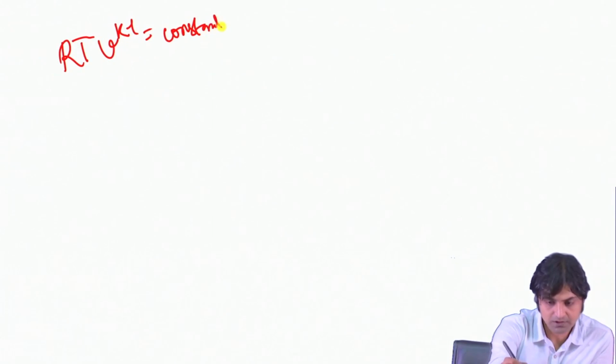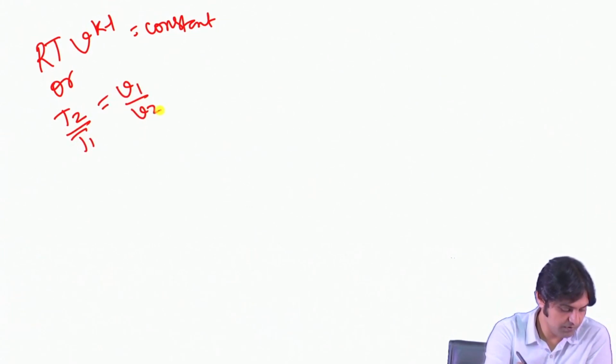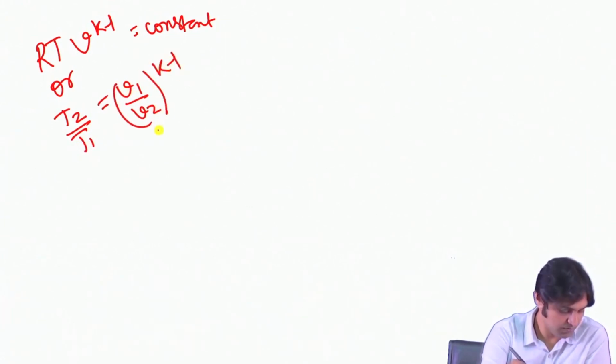Okay. So what we found out in the last screen was RT V to the power k minus 1 is equal to constant, or we are also able to write T2 by T1, because R will be cancelled on both sides, equal to V1 by V2 to the power k minus 1.